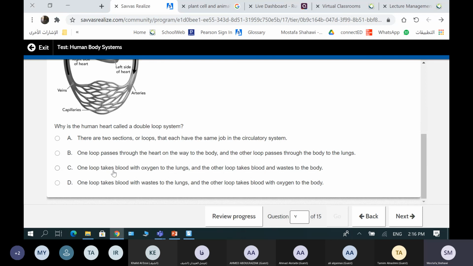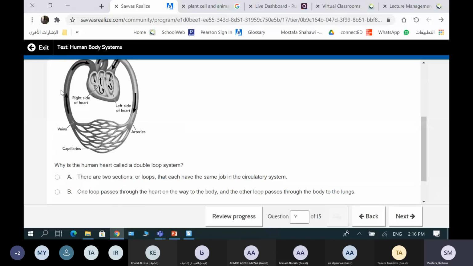So we can exclude number three. So the answer is number four, D. Read it again. One loop takes blood with waste to the lungs, and the other loop takes blood with oxygen to the body. Yes. So we have two loops, one from the heart to the lungs, the other from the lungs to the rest of the body.